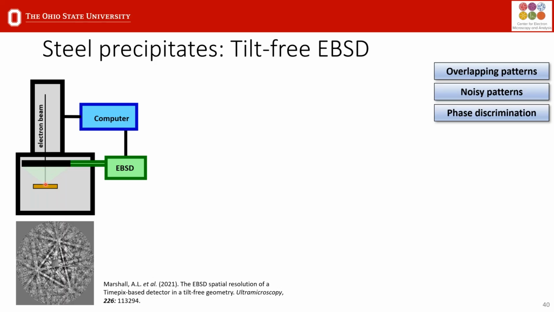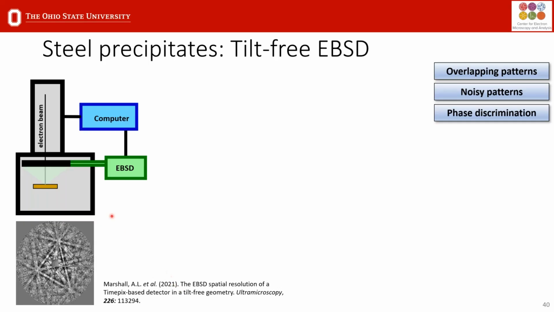Now, the advantage of this analysis is that the beam penetrates straight through the sample in normal incidence, and the footprint of the interaction volume, the lateral resolution, is then much better. If you want to read more about the detector and also the improvement in spatial resolution for this particular detector, you can find the details in this particular paper.